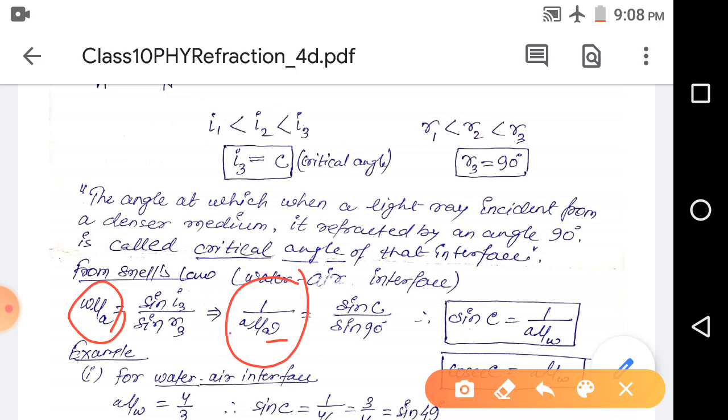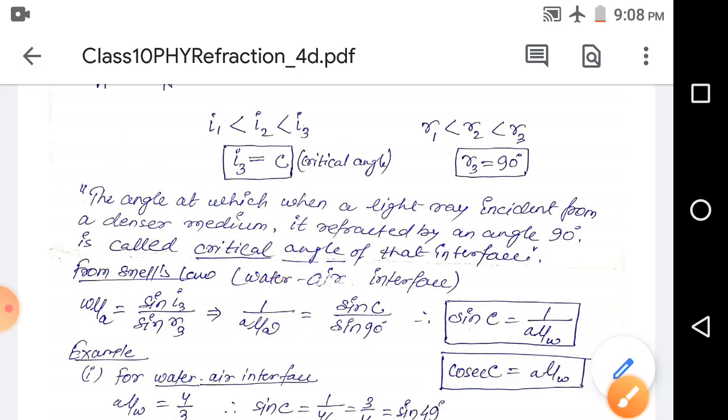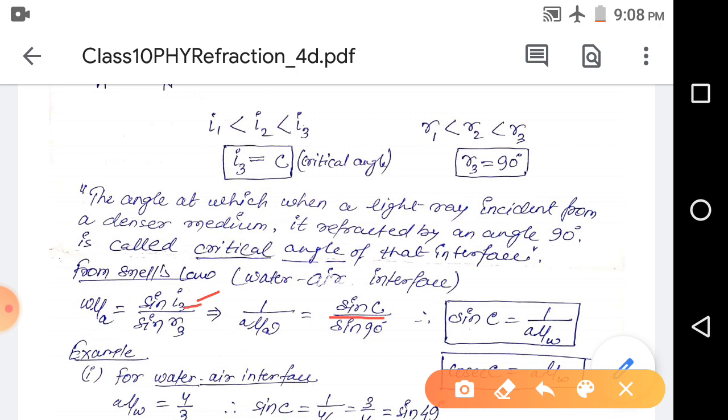So here aμw means the refractive index of water with respect to air, and for wμa we can write 1 by aμw. Now see, for sine I3 we can write sine C, because this I3 is equal to the critical angle which is represented as C, and this R3 is equal to 90 degrees, so we can write sine 90 degrees.